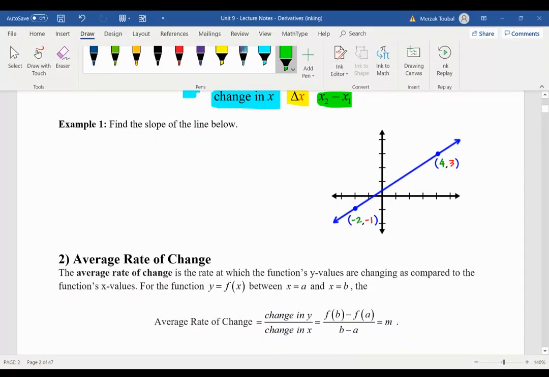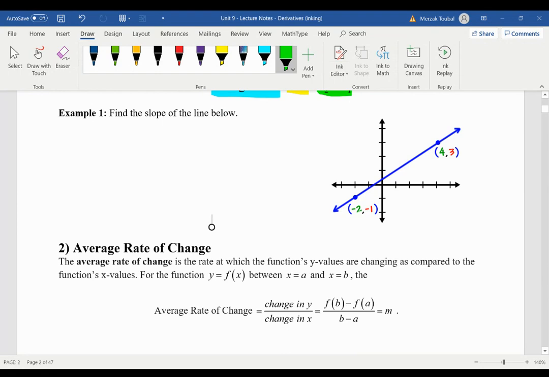Example 1, find the slope of the line below. Let's label the points before we find the slope. So -2 is x1, -1 is y1, 4 is x2, 3 is y2.